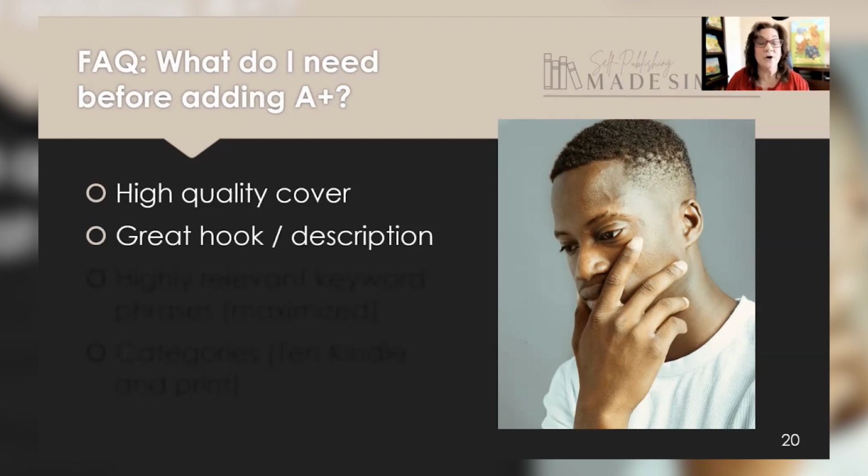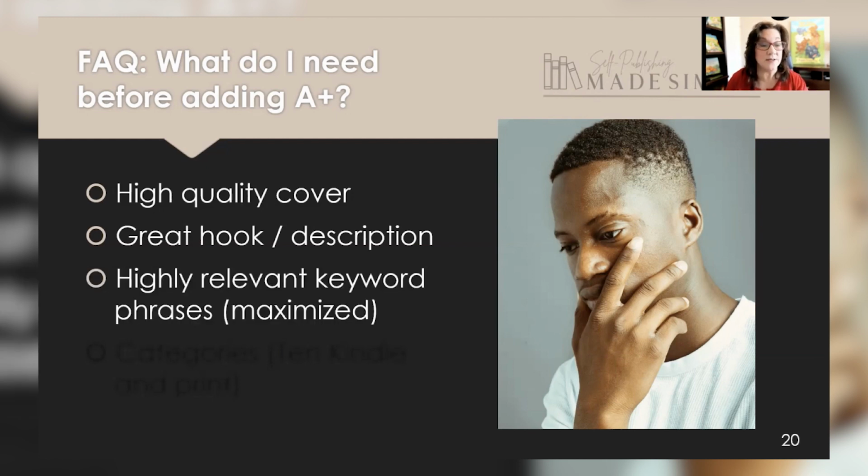Have a great hook and description. Those are really important, whether you put it in your A+ content and it's seen on a mobile device even earlier, or they're on a desktop, they need to see that hook and be taken into your story. Otherwise, they're never going to scroll down far enough to even see your A+ content.